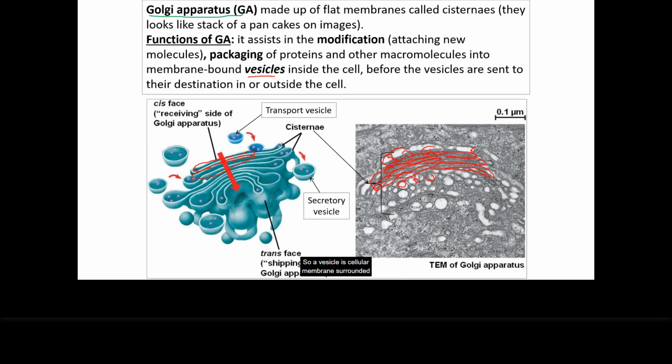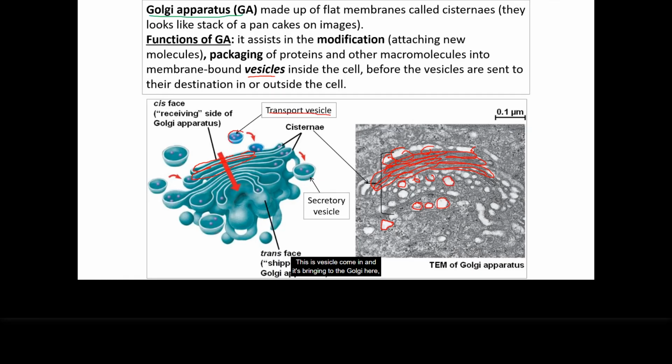A vesicle is a cellular membrane surrounded fluid, and inside this fluid there could be different macromolecules, protein or lipids, any macromolecule which is synthesized. This is called a transport vesicle.